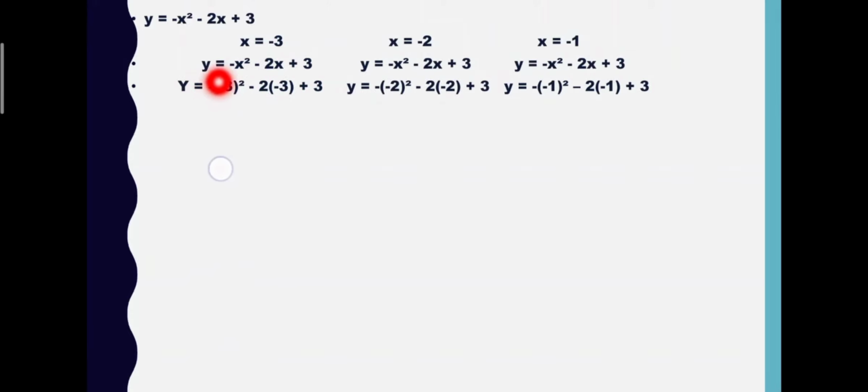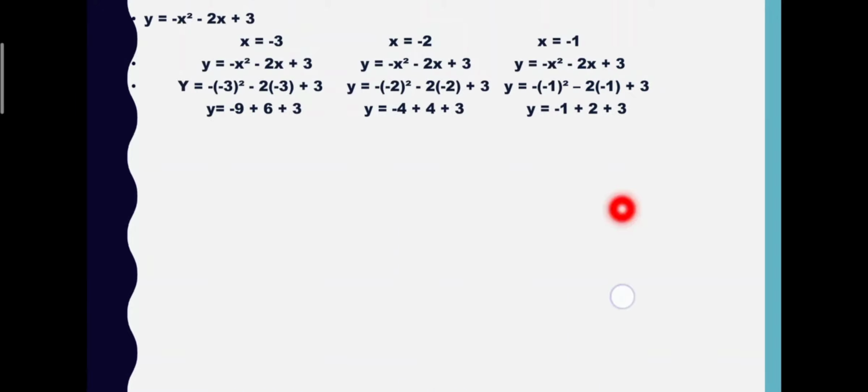So y is equal to, copy the negative, then put parentheses to separate the negative and the negative sign of 3. So, negative times negative 3 squared, don't forget the squared, minus 2 times negative 3 plus 3. Then here, y is equal to negative, put parentheses also, negative 2 squared minus 2 times negative 2 plus 3. Then this one, y is equal to negative times the quantity of negative 1 squared, minus 2 times negative 1 plus 3. So, just substitute.